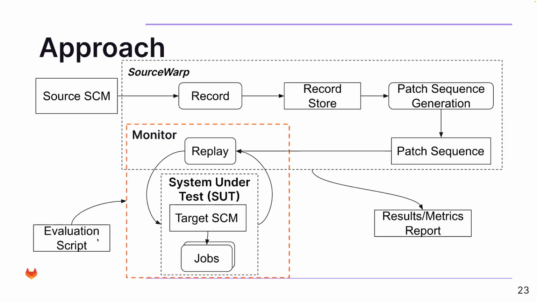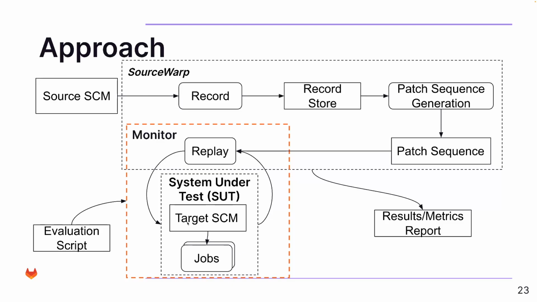Okay, so now we have the patch sequence, and this patch sequence can then be replayed on the target system. This is what the replay step does. It takes the patches and applies them to the target SCM.